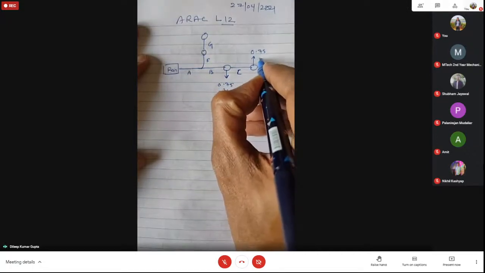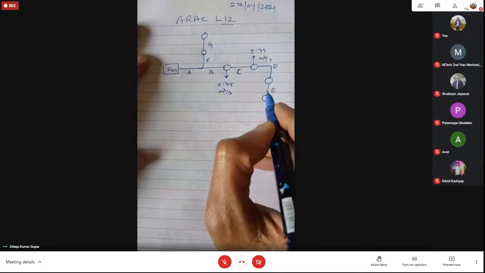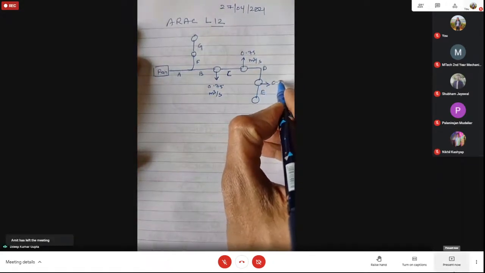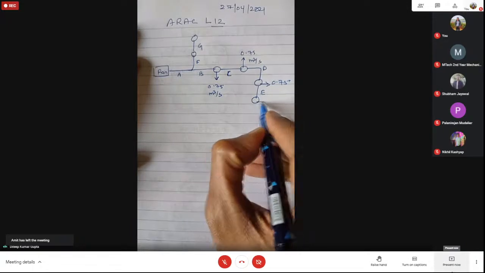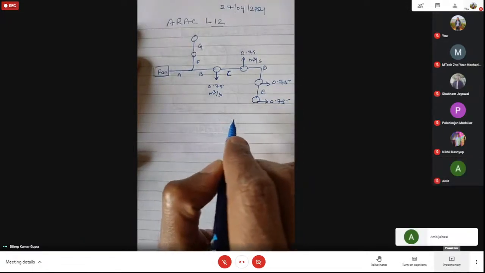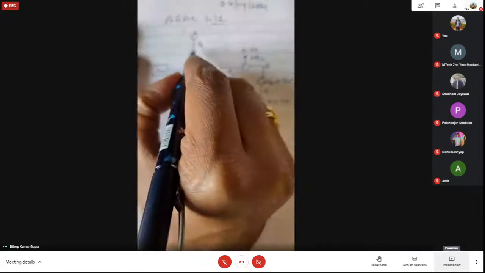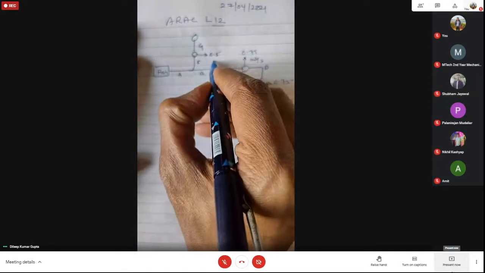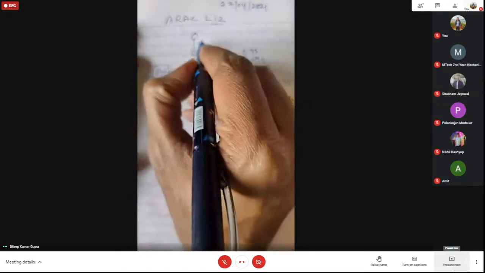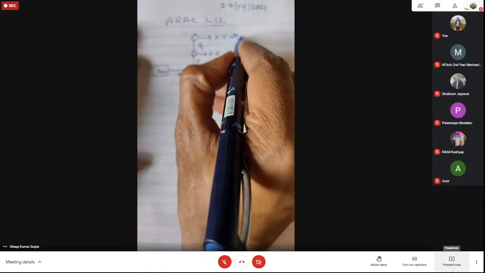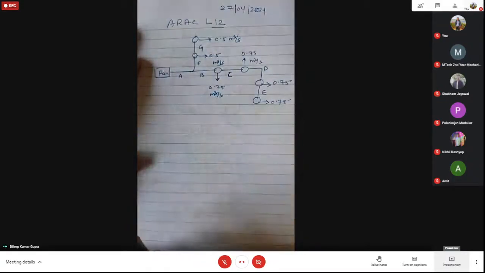These are all equal, this is again 0.75 and this is again 0.75. This side it is 0.5 meter cube per second of flow rate, and this is 0.5 meter cube per second, with branch numbers E, F and G.